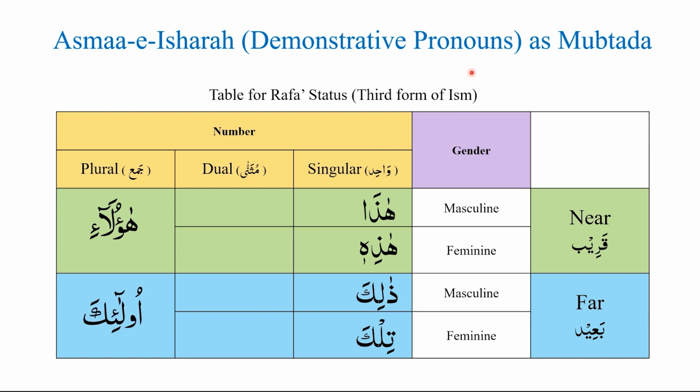To summarize, demonstrative pronouns are used to point towards or demonstrate objects or people that are near or far. For near demonstration, we have haza, hazihi, haulai. And to point towards someone or something that is far, we have zalika, tilka, ulaika.